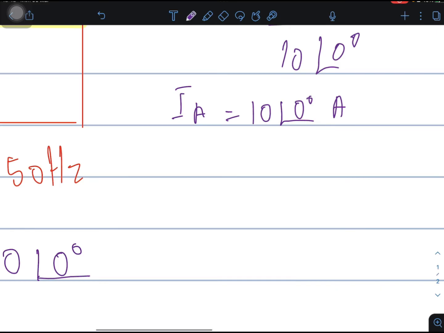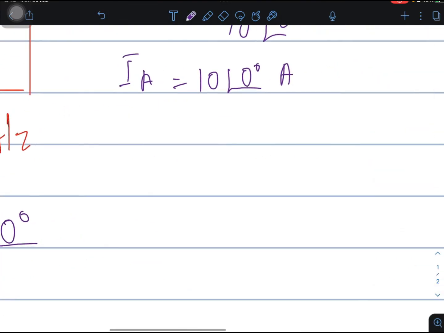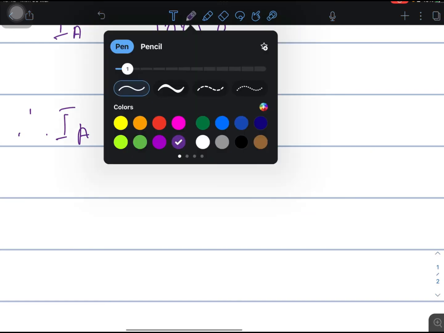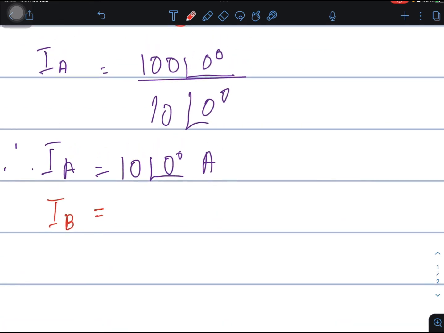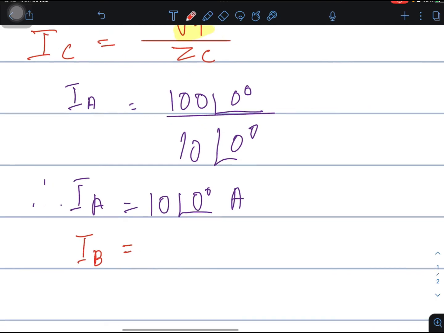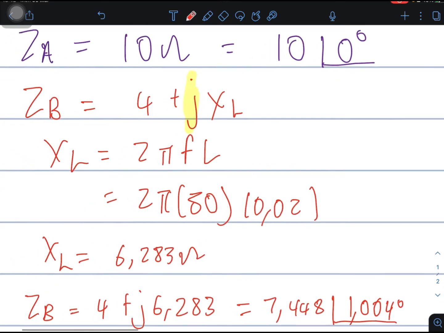Then we want IB. IB is equal to VT over ZB.